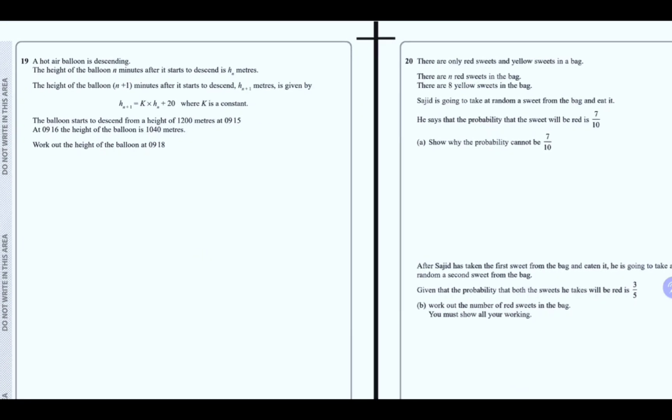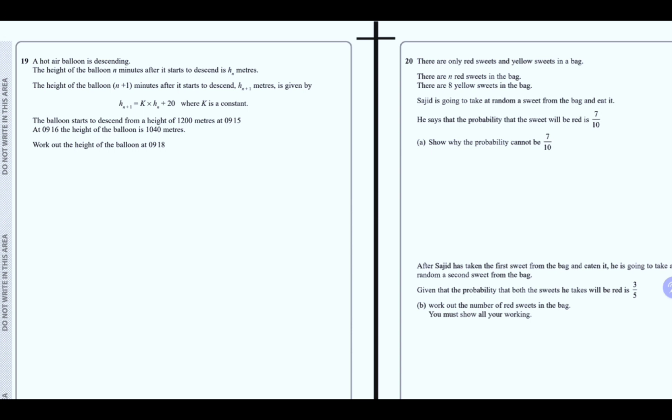A hot air balloon is descending. The height of the balloon n minutes after it starts to descend is h_n in meters. The height of the balloon n plus 1 minutes after it starts to descend is h_(n+1) meters.